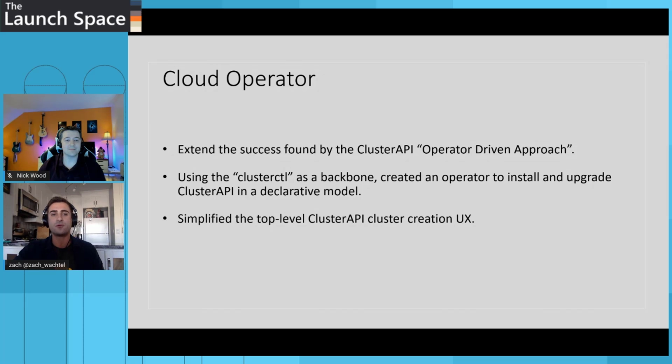We also use this operator to simplify cluster creation UX and to dynamically provision Cluster API custom resources. We also kept Cloud Operator as generic and interface-driven as possible to allow for its code base to be adopted by other Cluster API providers. Finally, we had the control plane layer that we needed to expose to our higher-level callers and users for both the lifecycle of management and target clusters.